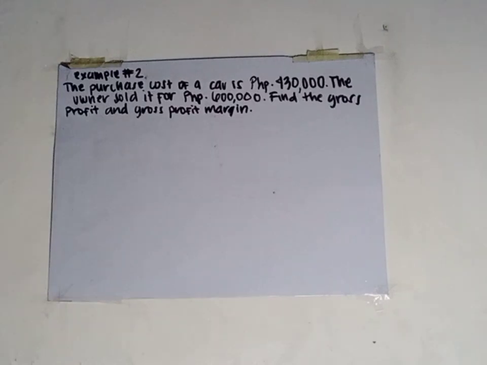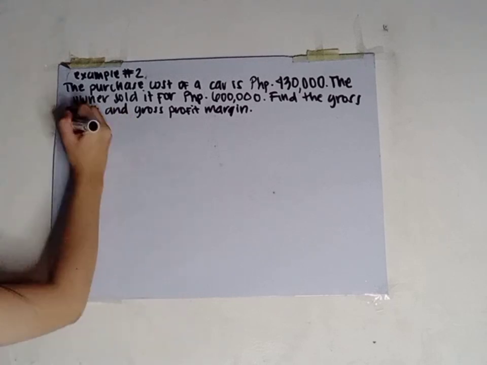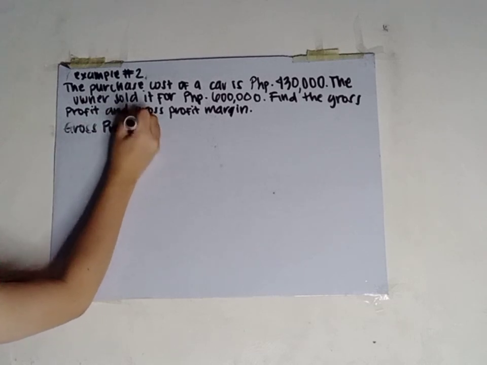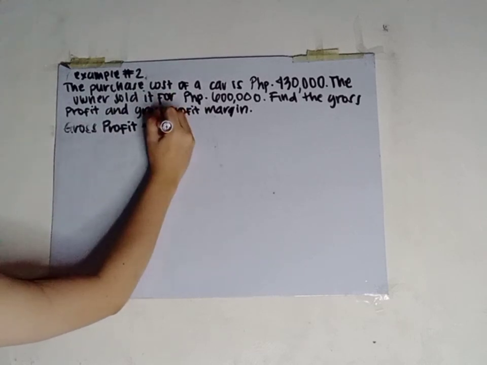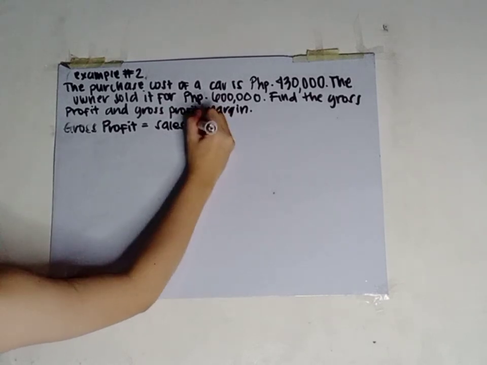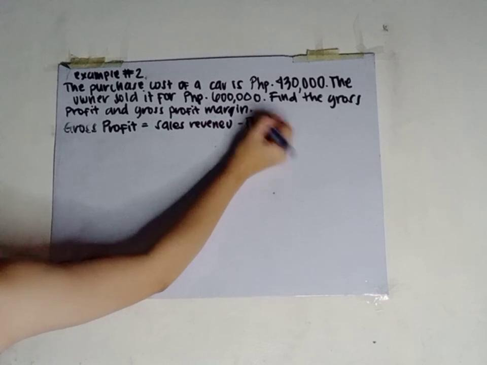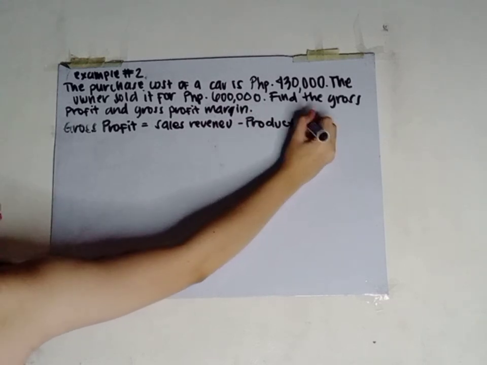Example number 2. The purchase cost of a car is 430,000 pesos. The owner sold it for 600,000 pesos. Find the gross profit and gross profit margin. Write the formula. Gross profit equals sales revenues minus product cost.